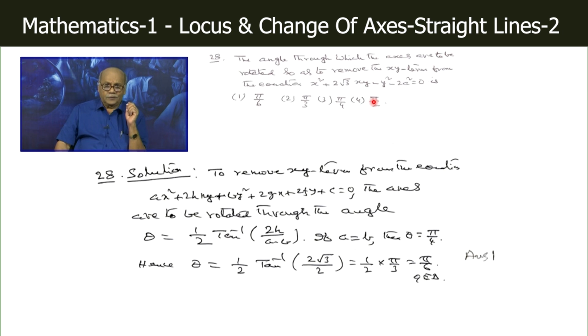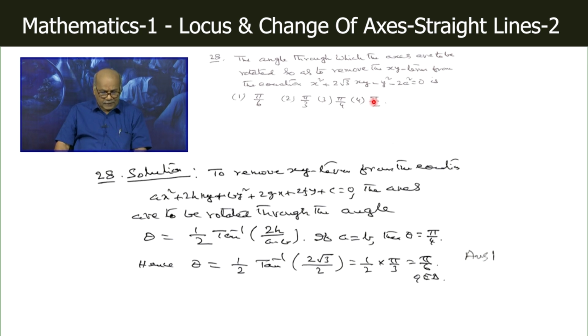That means coefficient of x square minus coefficient of y square. If a is equal to b, then this angle theta becomes pi by 4. So you have to rotate the axes through an angle half of tan inverse 2h by a minus b when a is not equal to b.